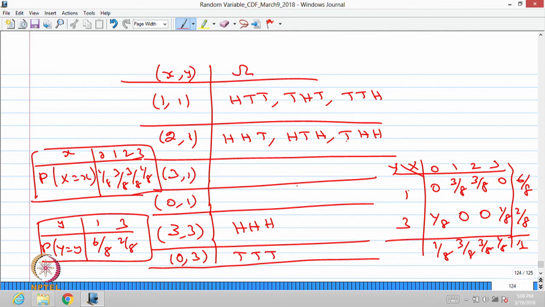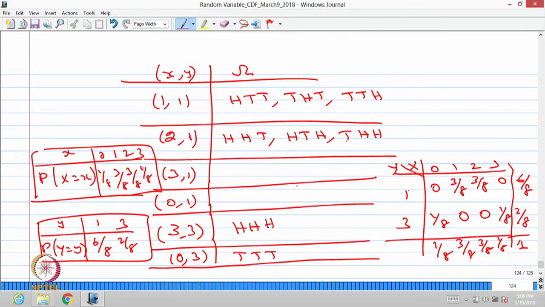From the joint distribution, you can always get the marginal distribution of x and y separately, or you can find out the marginal distribution from the random variable x itself. You don't need to find the joint distribution and then find the marginal of x. Given the way we have defined x, you can directly get the probability mass function of x.